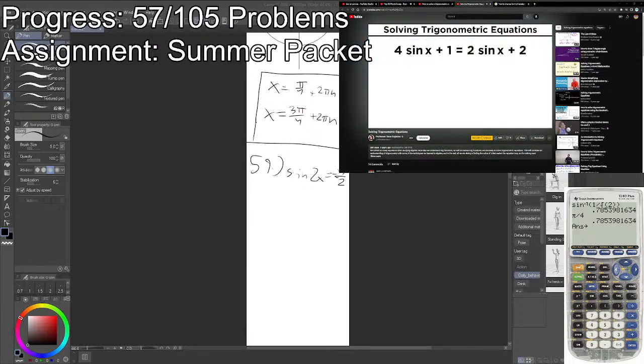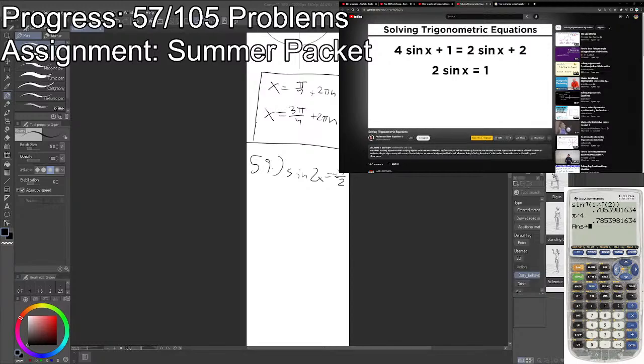But beyond this, we need to be able to solve trigonometric equations, meaning we need to be able to look at equations with trig functions in them and solve for x. Say we have 4 sine x plus 1 equals 2 sine x plus 2. First, we need to combine like terms, so let's subtract 2 sine x as well as 1.